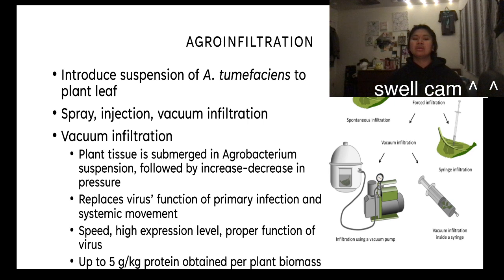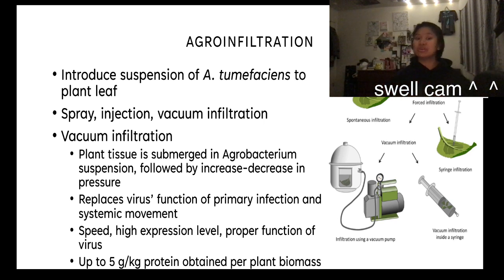And with vacuum infiltration, it replaces the virus's primary function of primary infection and systemic movement, meaning that there will be less reliance on the virus itself to be incorporated through cell to cell movement and systemic movement, but rather you're already forcing it to move into the cells rather than just relying on it.